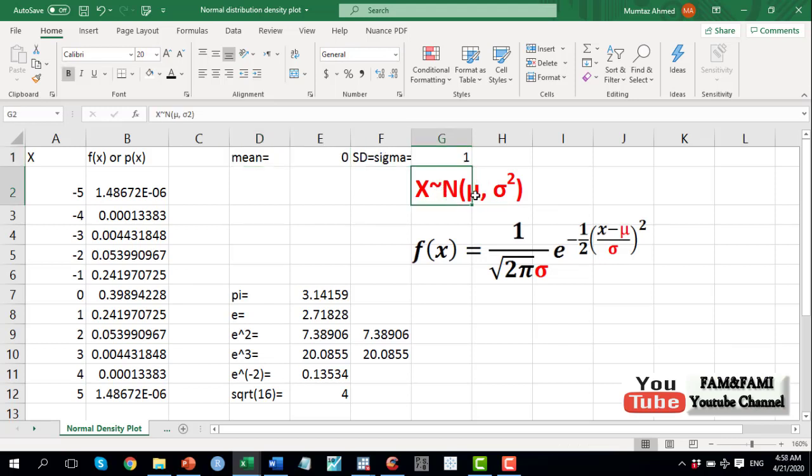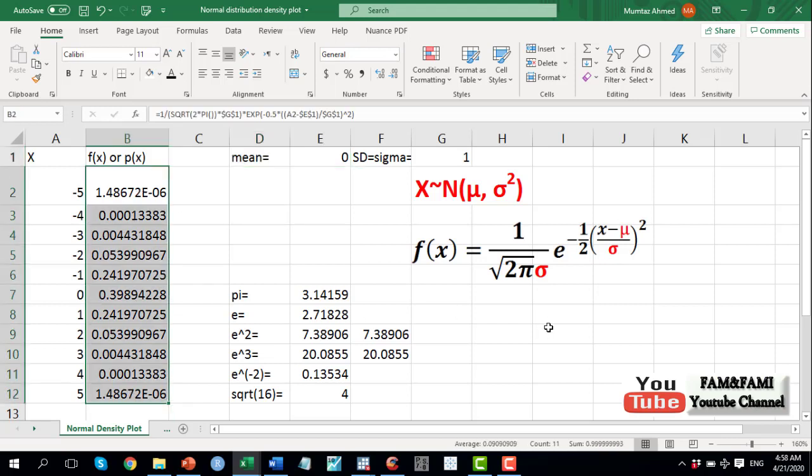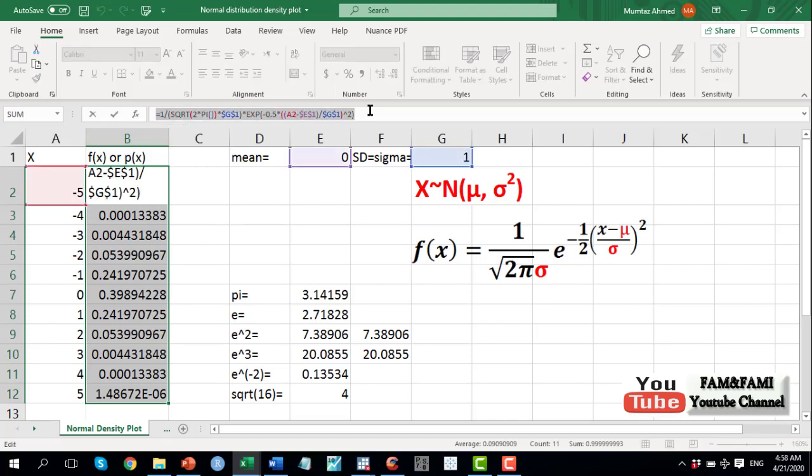Please note that the second argument here is the sigma square, which is the variance, not the standard deviation, and standard deviation is square root of variance. So let's fix this sigma or standard deviation equal to 1 and mean or mu equal to 0. So now this column gives us this formula translated via some Excel command, and I am going to explain shortly how it works.